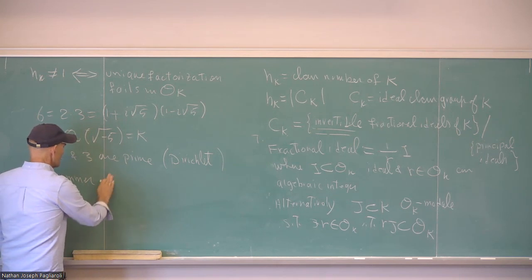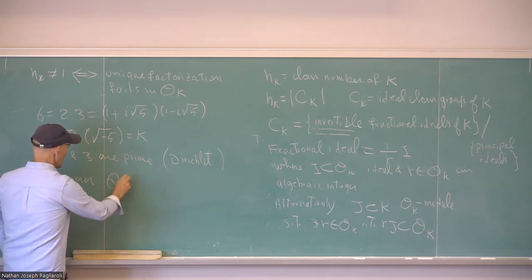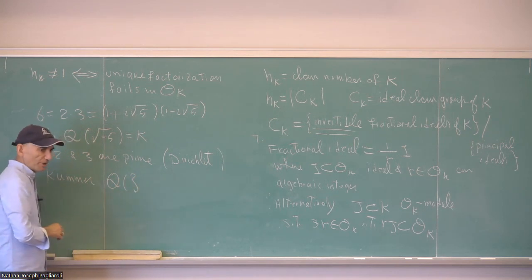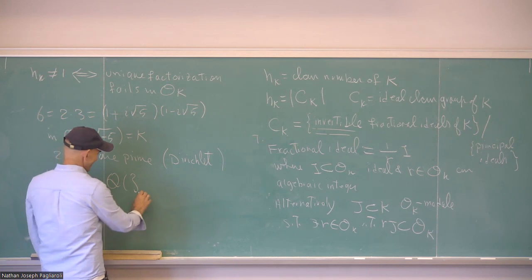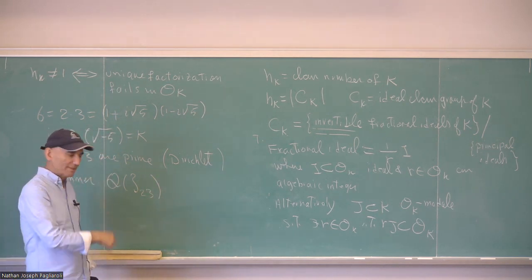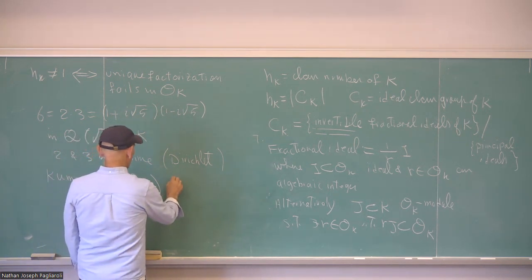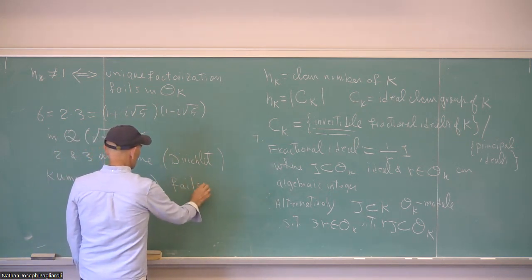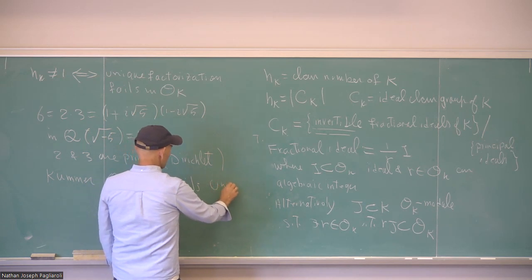So that's Q of the cyclotomic field at prime 23. Unique factorization fails here.